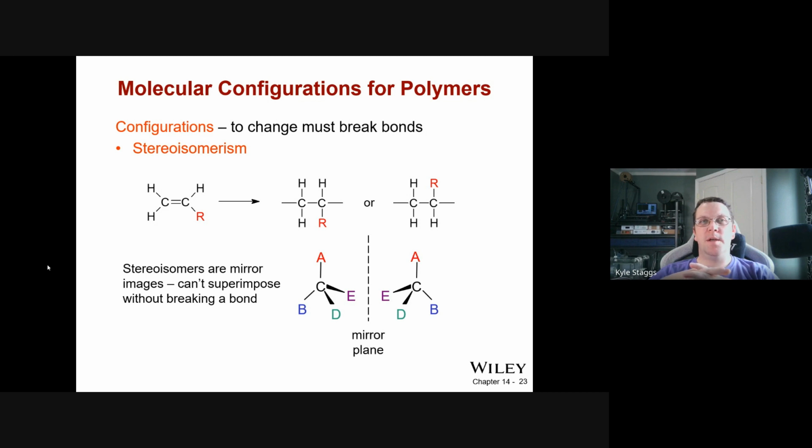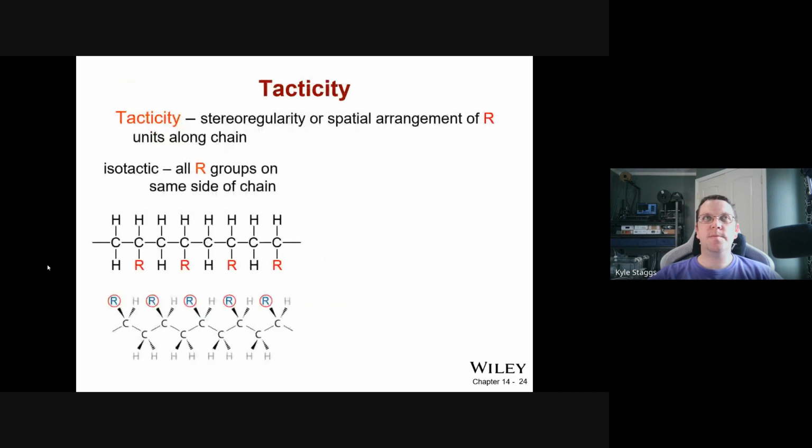Meanwhile, if you had a stereoisomer, they're a mirror image, but you can't superimpose. It's not the same molecule, just rotated somehow. You have to break bonds to be able to make it look like the first one. So across some mirror plane, you'll see some commonality, and that tells you that it's often a stereoisomer.